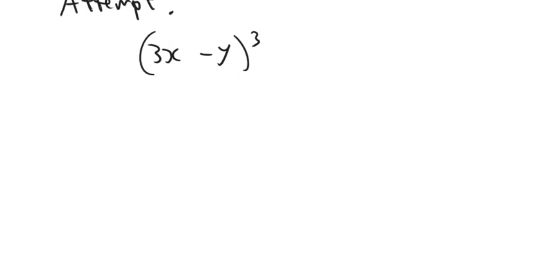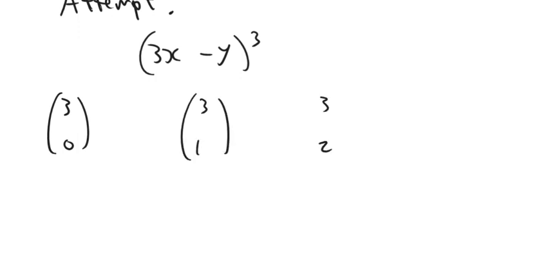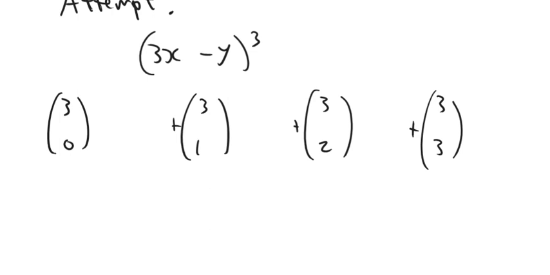So my power here is 3. Now this will be a nice simple one. It's only cubing it out really. So it's 3 choose 0, 3 choose 1, 3 choose 2, and 3 choose 3. So put in your plus. So I'll have 3x all to the power of 3, and my minus y to the power of 0.